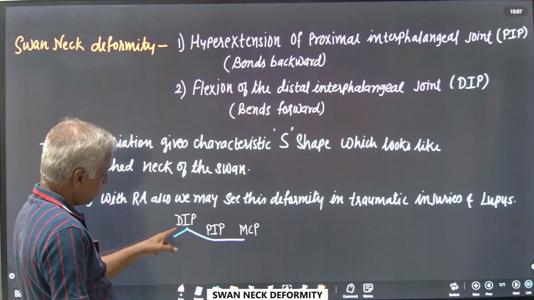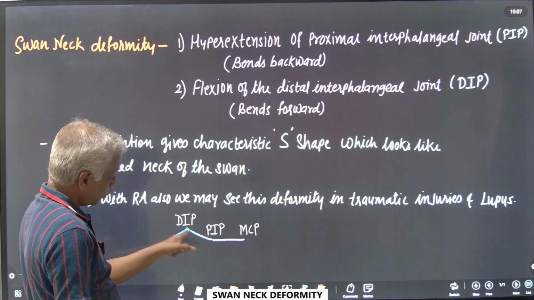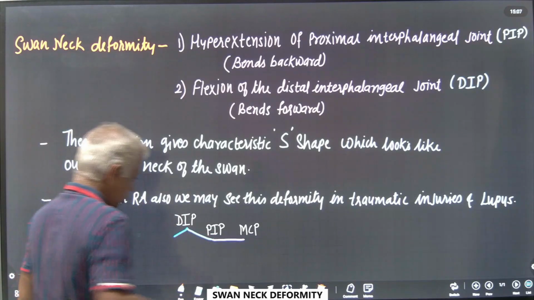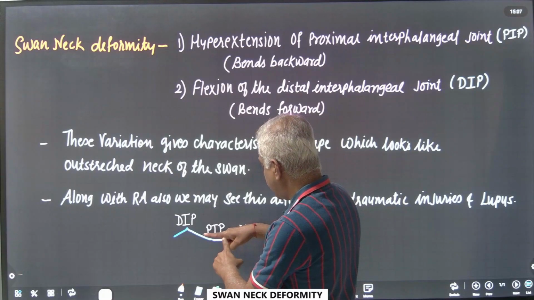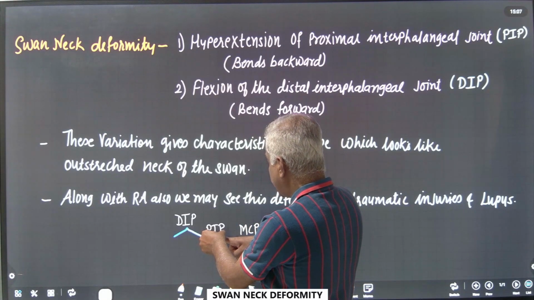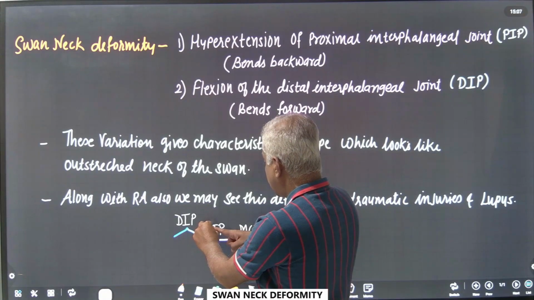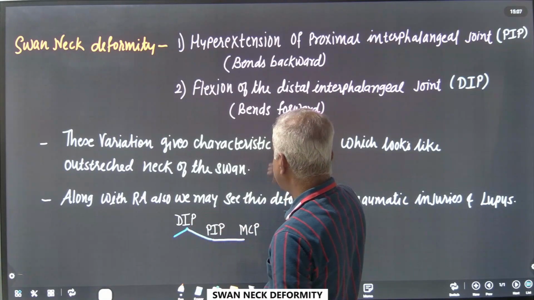It will be like this: this is a finger, and this PIP is bending backward in hyperextension, and this interphalangeal joint bends forward.